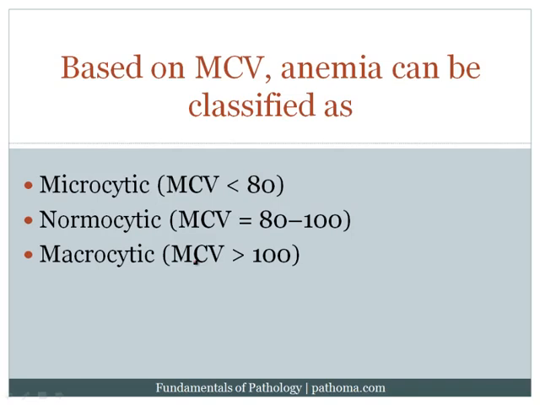And of course, anemias are something that we regularly and routinely see both clinically as well as on any type of examination. Let's just remind ourselves that the normal red blood cell has an MCV, or a mean corpuscular volume, of about 80 to 100. That's the normal. Less than 80 is considered microcytic, i.e. the cells are smaller than they normally should be. And greater than 100 is considered macrocytic, i.e. the cells are bigger than they normally should be.